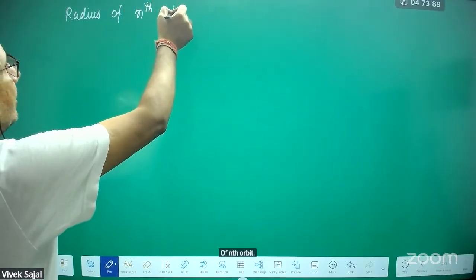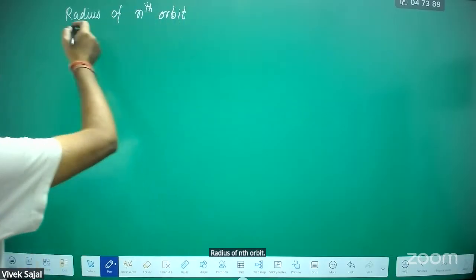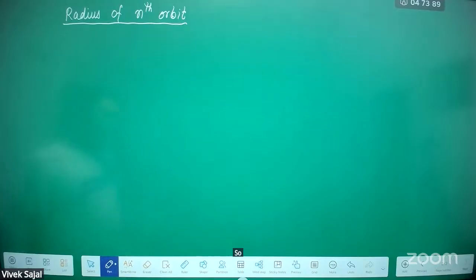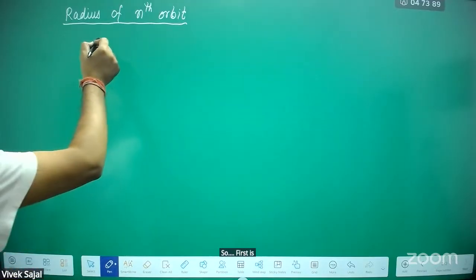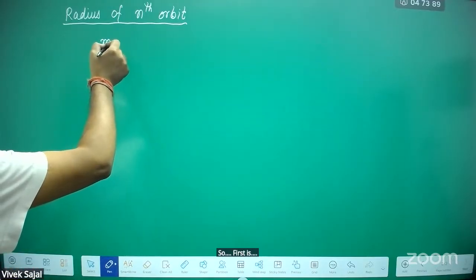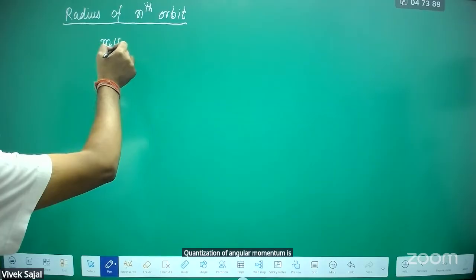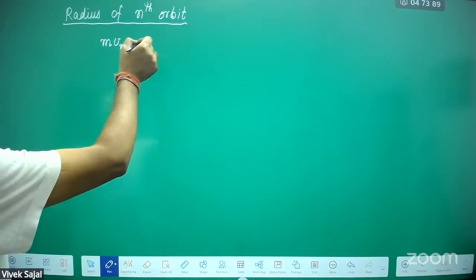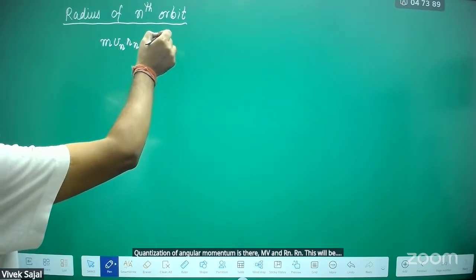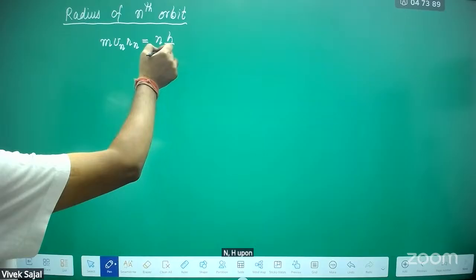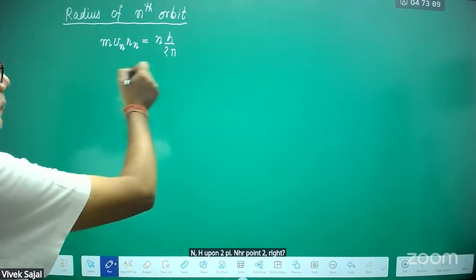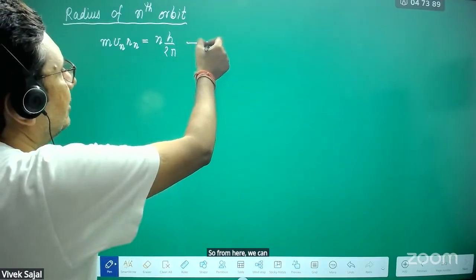Quantization of angular momentum is there: m v n r n equals n h upon 2 pi.